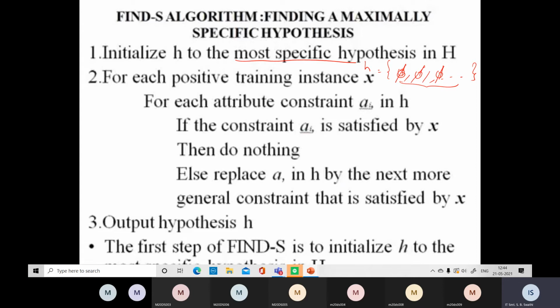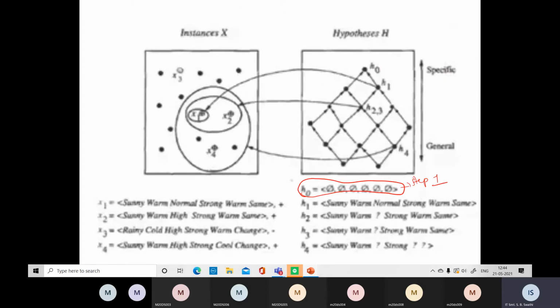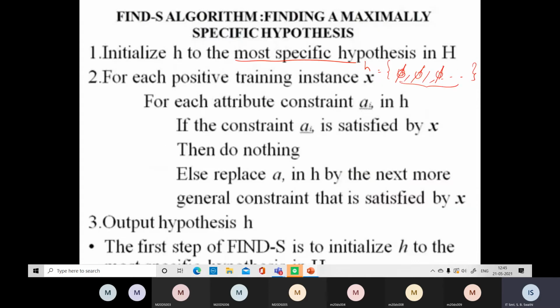Just now we have discussed C of x equal to 1 or positive, C of x equal to 0 or negative. When do you say it is a positive or a negative instance? Based upon the output. I am giving some values as input, sunny, then weather is cold.